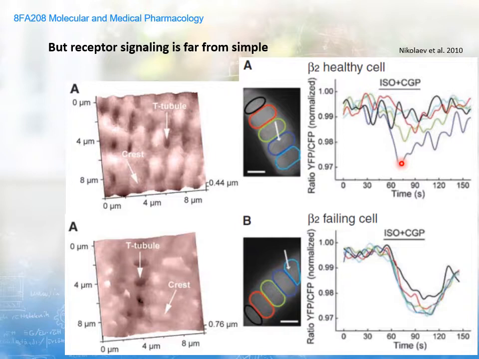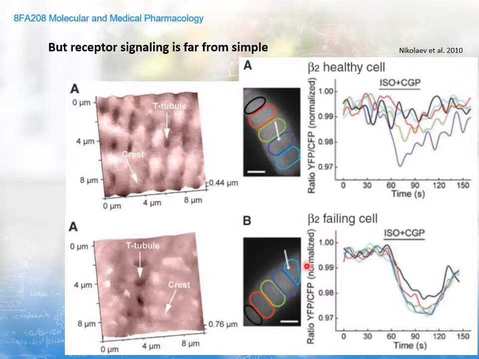Now, if we look at what's happening in a failing cell, notice the difference. In a failing cell, the organization of T-tubules and crests has changed. There is not the same level of organization, and that results in a much more homogeneous cyclic AMP production.